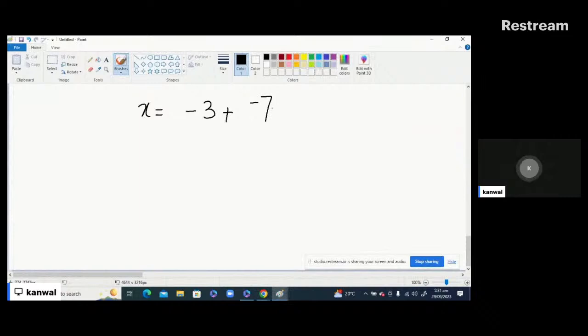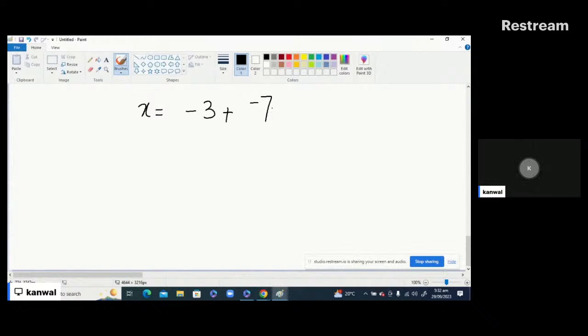Okay, now you guys are able to solve this one. Minus 3 plus into minus 7.